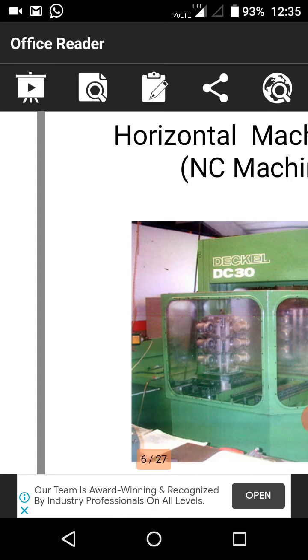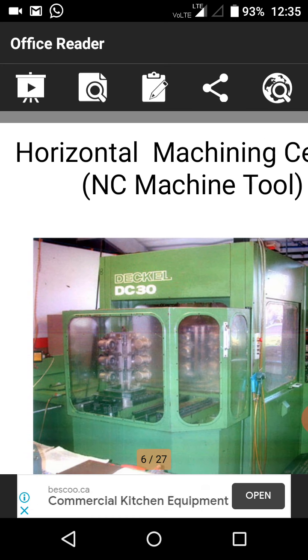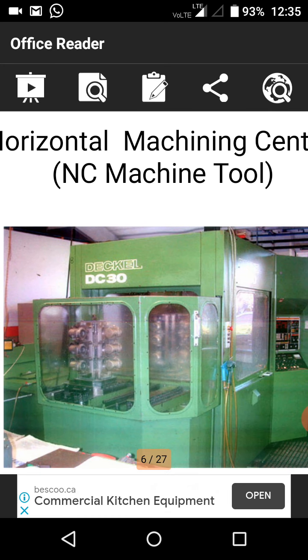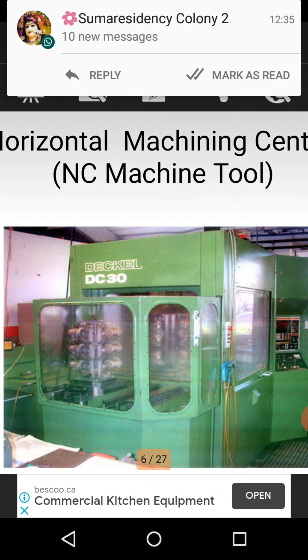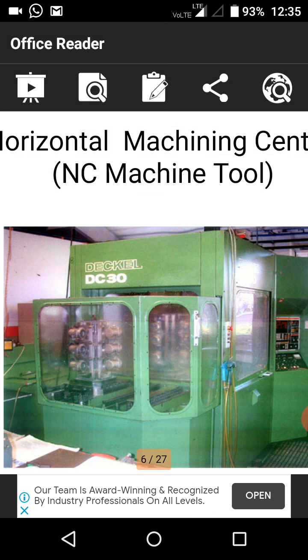So this is the picture of a horizontal machining center. See the picture, that is the horizontal machining center. What it does is use a rotary cutter.